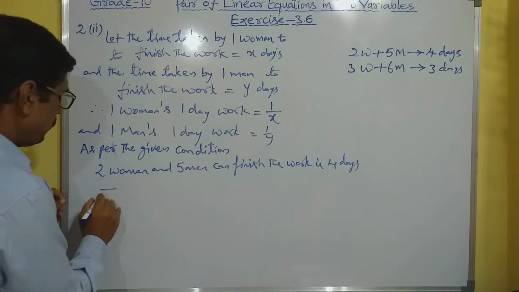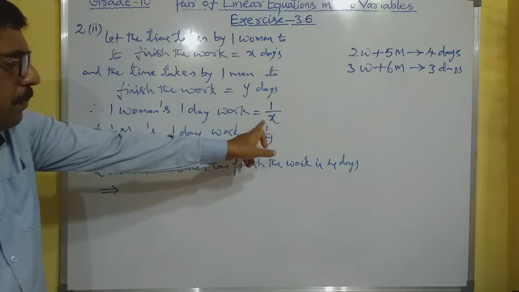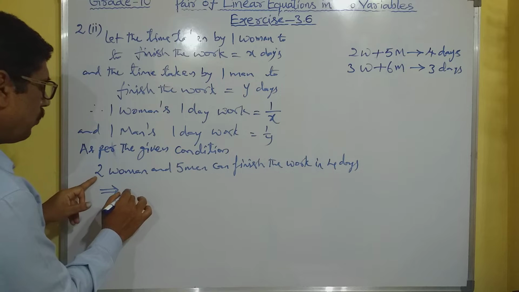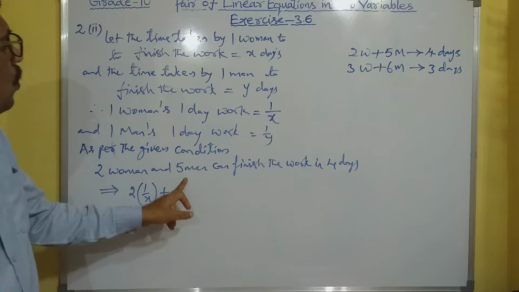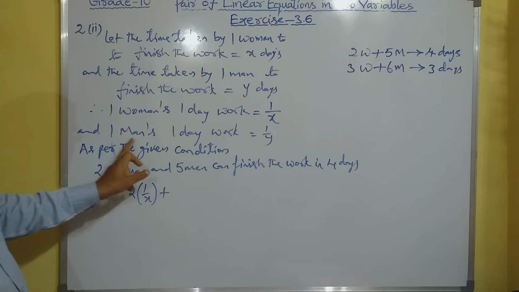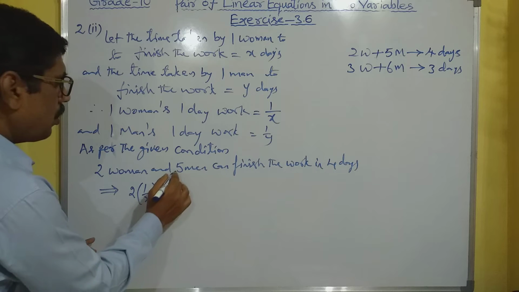So this implies, two women means one woman can do a 1 by x part of work in 1 day. So two women means 2 into 1 by x. So five men, one man can complete 1 by y work in one day. So there are 5 men.